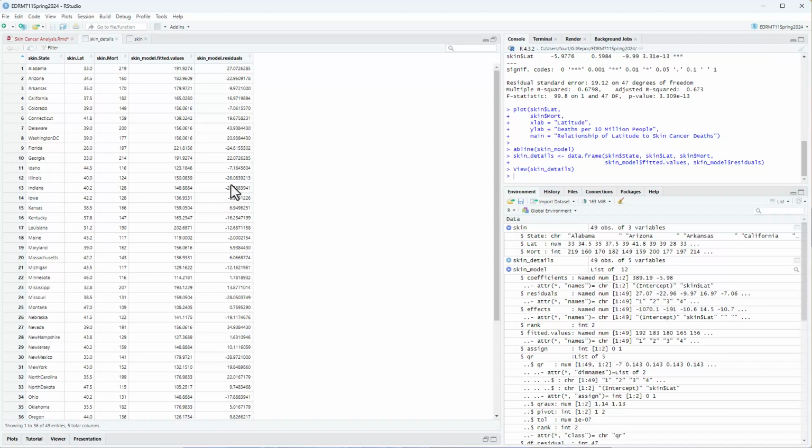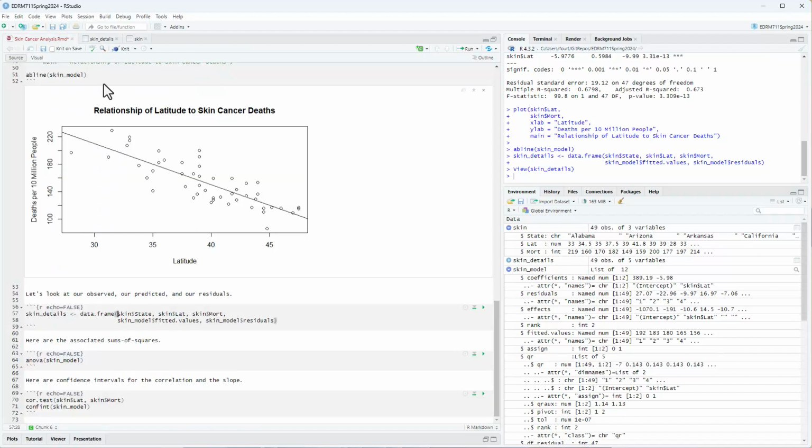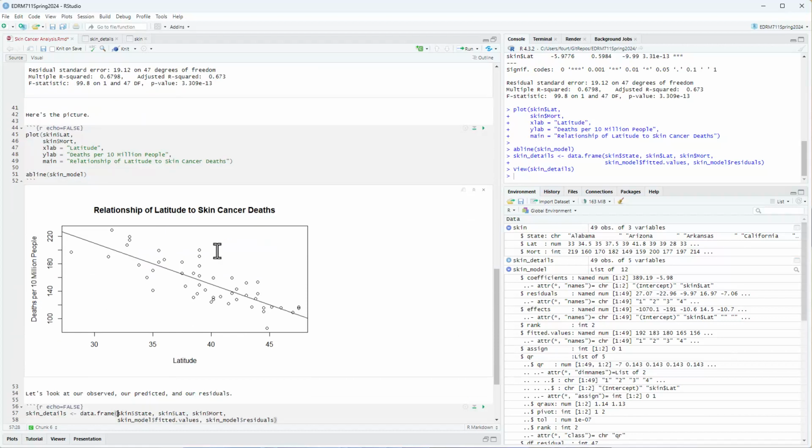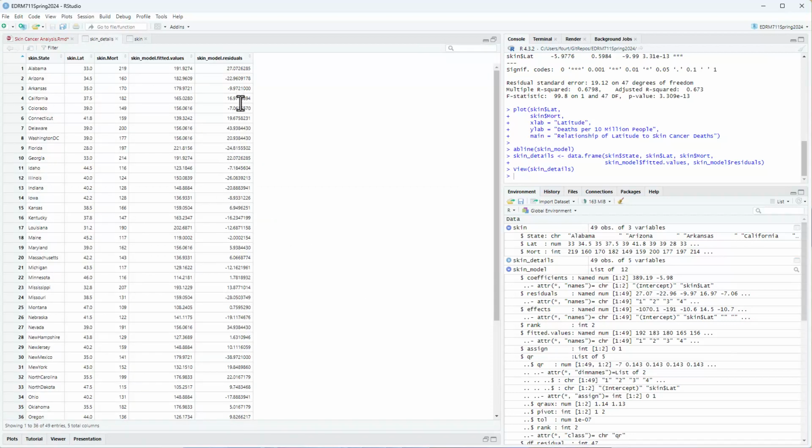So these residuals, relative to our predictions and relative to our observed, are actually quite small. I know that because the model was quite strong. We were able to account for, if I recall correctly, actually I don't need to recall, I can go look at it. It was about 2/3 of the variation in mortality rate that I could account for through knowing the latitude. So these are relatively small residuals.